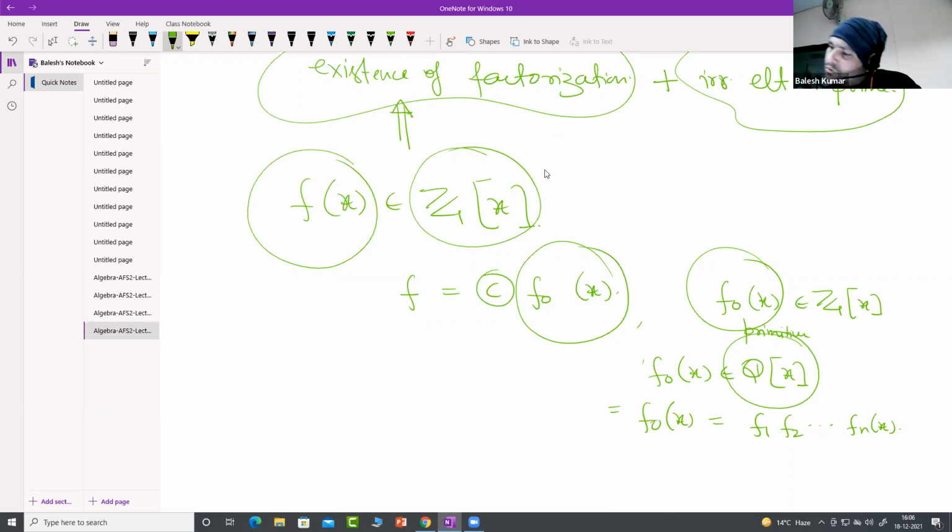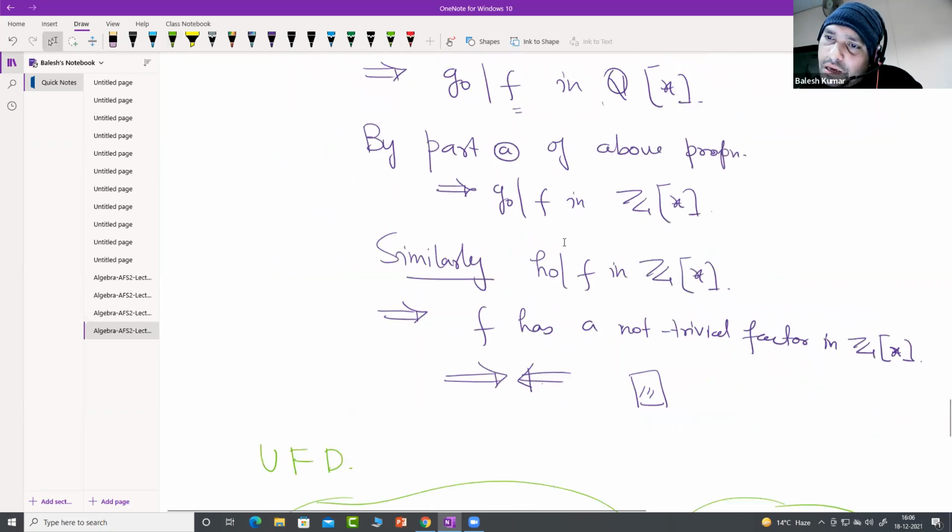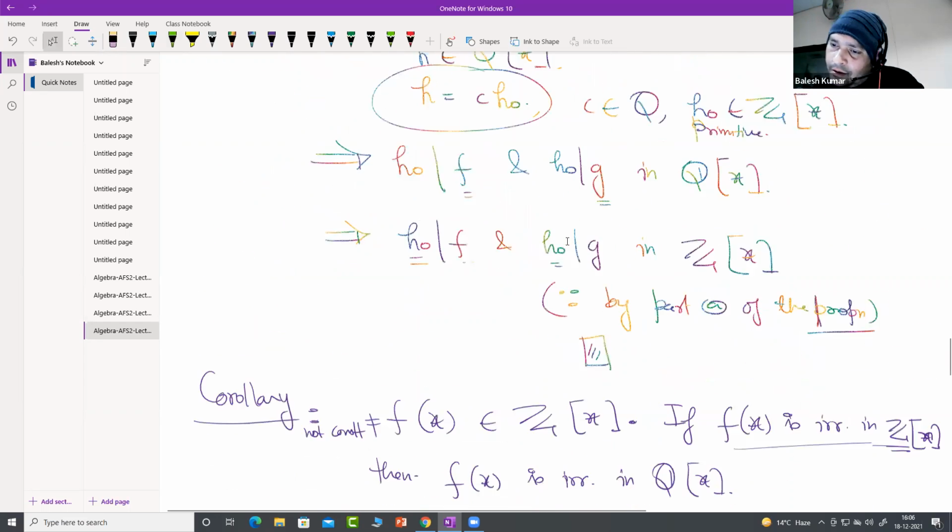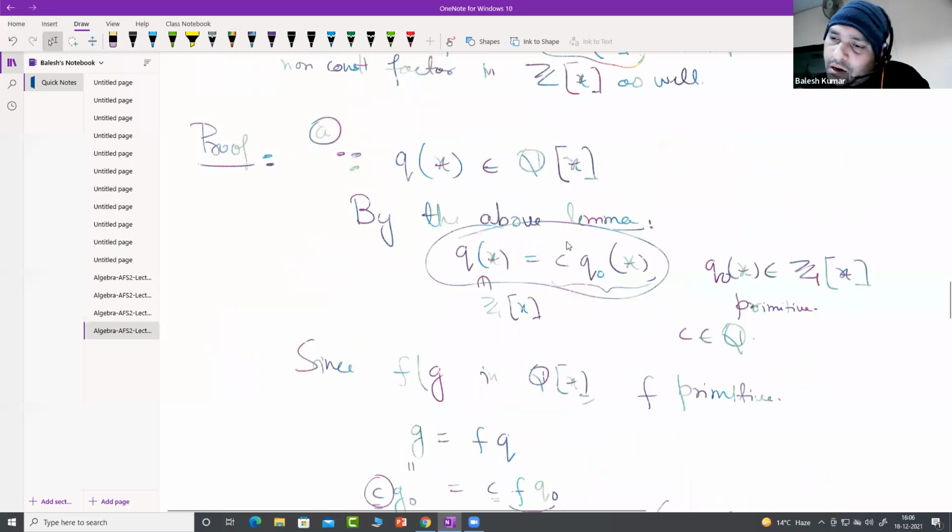Our aim is to use part B of this theorem. What does part B say?